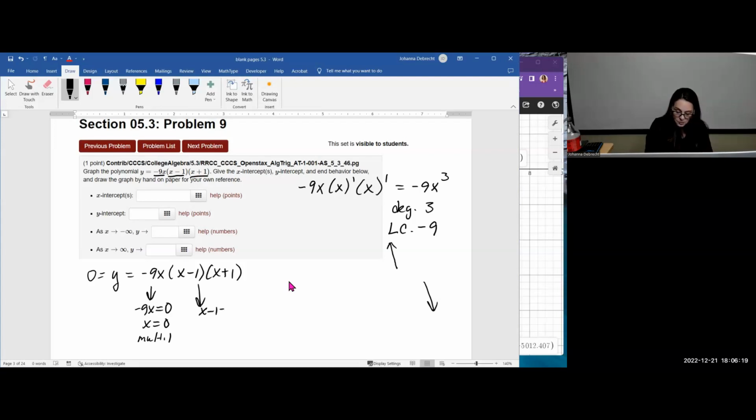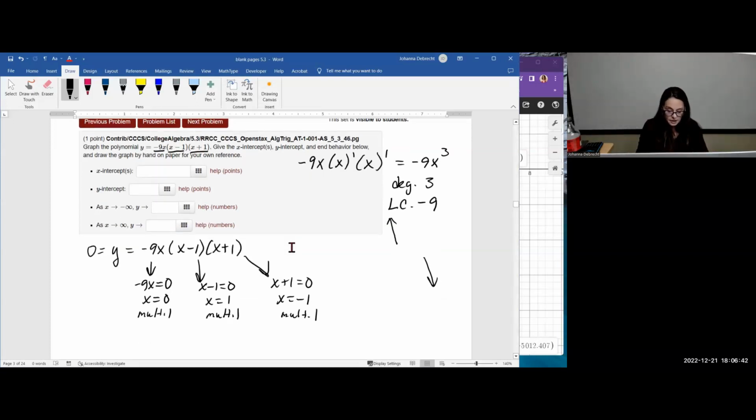This is x minus 1 equal to 0, so I get x equal 1. It had x to the first, so it has multiplicity 1. And then I have x plus 1 equals 0, so x equals negative 1, and it has multiplicity 1. When I add the multiplicities together, I get 3, which matches the degree. So I now have all the solutions.